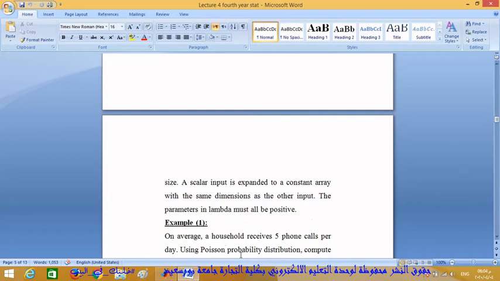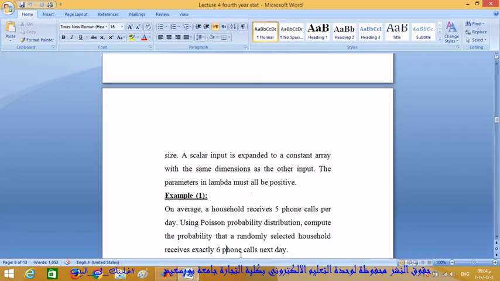Example 1. On average, a household receives 5 phone calls per day. Here, the interval is 1 day, and the number of occurrences is 5 phone calls. So this is the average per day.